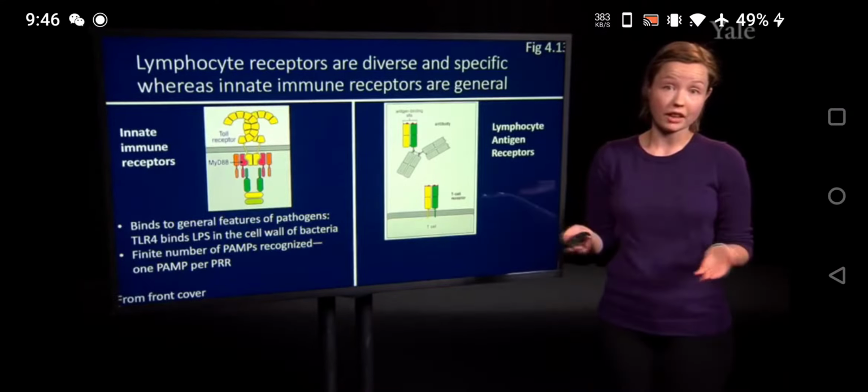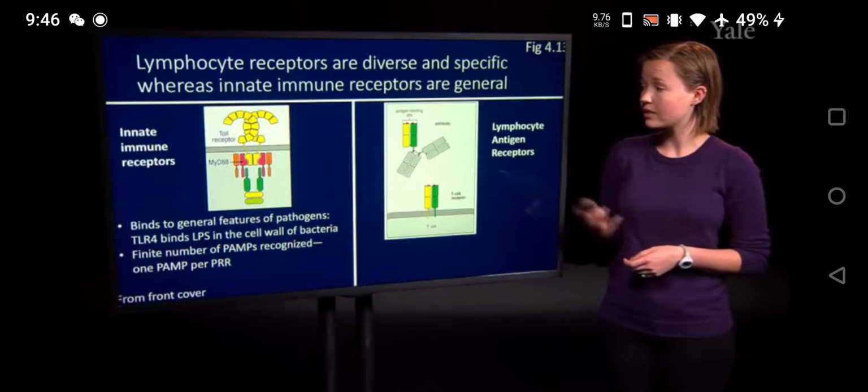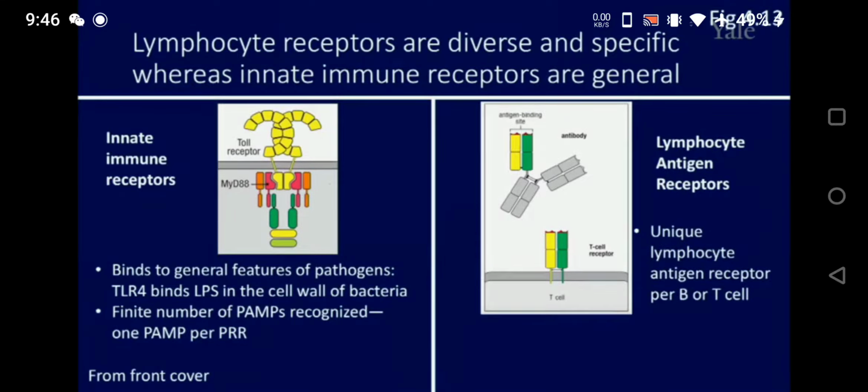By contrast, when looking at our lymphocyte antigen receptors, which is our B cell receptor shown here in the secreted form, which is an antibody, and our T cell receptor shown here, something to keep in mind is that each B cell and each T cell has a unique B cell or T cell receptor for every cell. So each B cell receptor is unique and each T cell receptor is unique, which is different from the innate immune receptors.